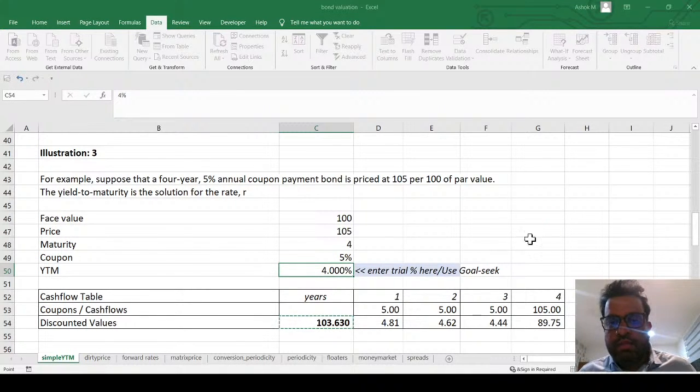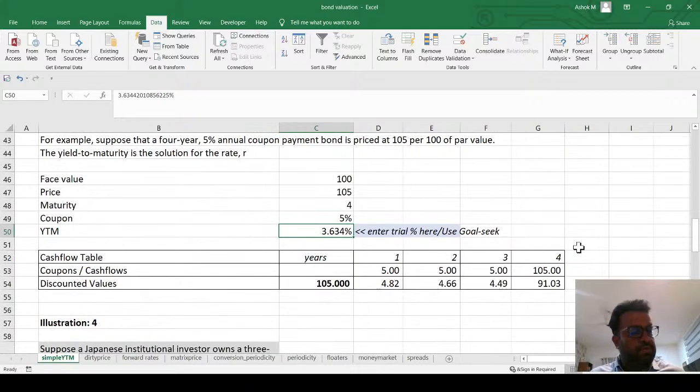This value should be a formula. This 103 should not be hard coded. You should make it as a sum of these values. What do you want? You want it to be 105 by changing what cell? Which cell do you want to change? You want to change this cell. And you just click OK.